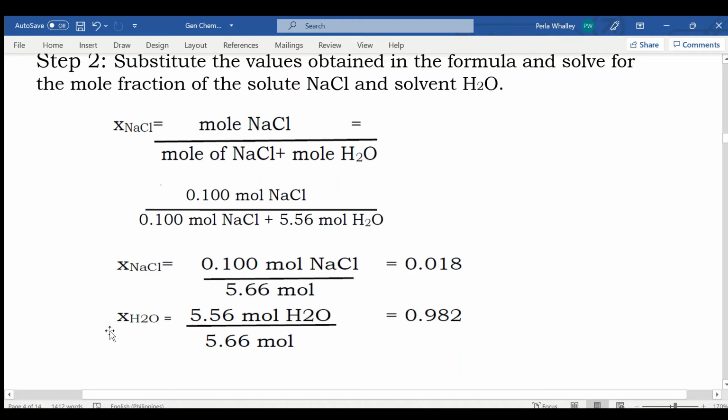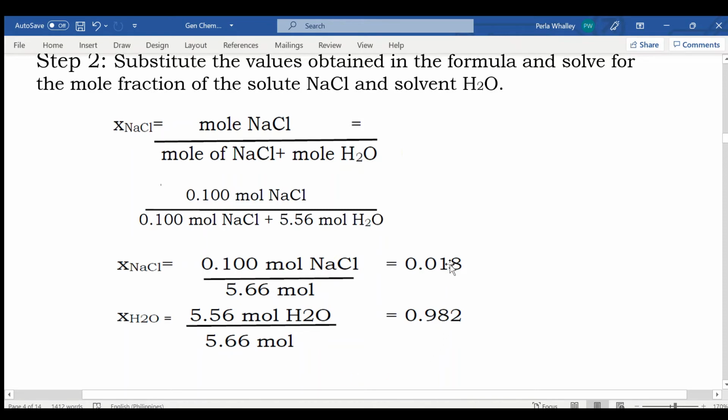0.018. How about the mole of water? Mole of water, 5.56 divided by mole of solute and solvent, 5.66, is equal to 0.982. 5.66 is equal to 5.56 plus 0.1, that is equal to 5.66.